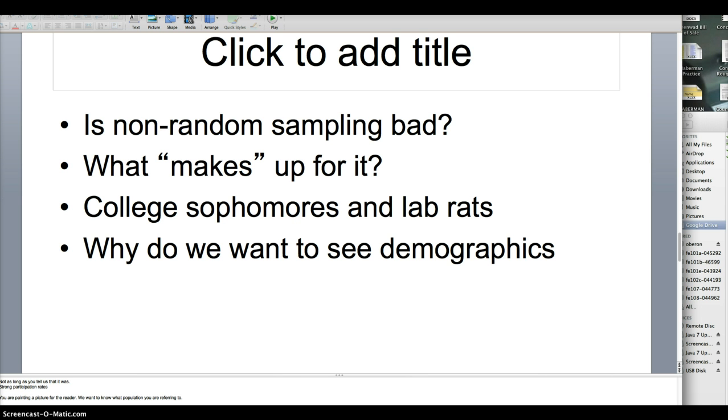The demographics are important, and this is really critical to being able to evaluate the articles that you look at, because we need to make sure that the sample that we're looking at represents the population that they're trying to make a generalization to, and that they have enough people in their sample to make a generalization to something else.